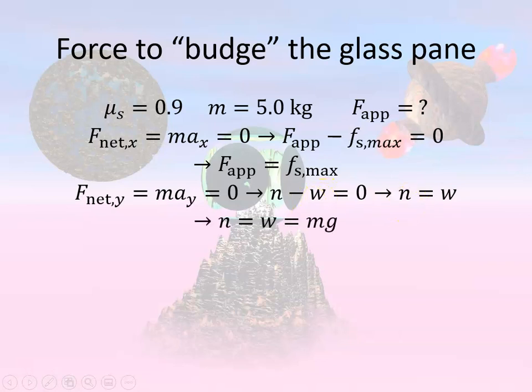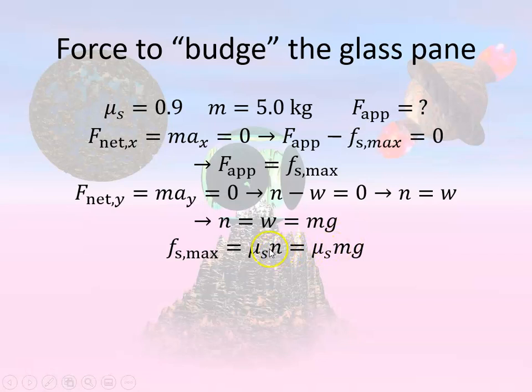I have an equation for weight: W equals mg. So we use the fact that the normal force is equal to the weight to say that the maximum static friction force, which is the coefficient of friction times normal force, where I got the normal force by looking in the y direction, and W equals mg, so I plugged in mg for my normal force.